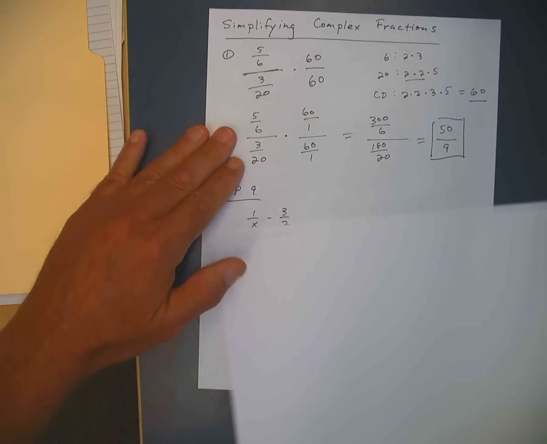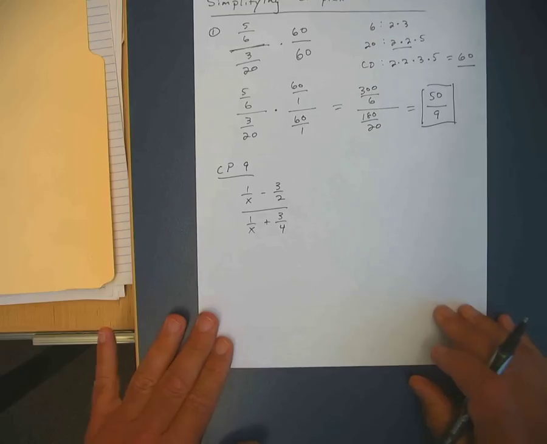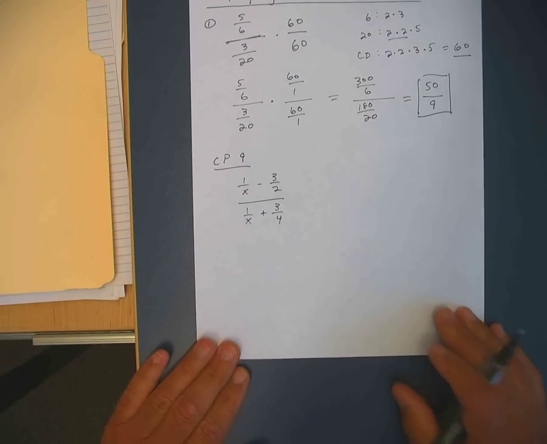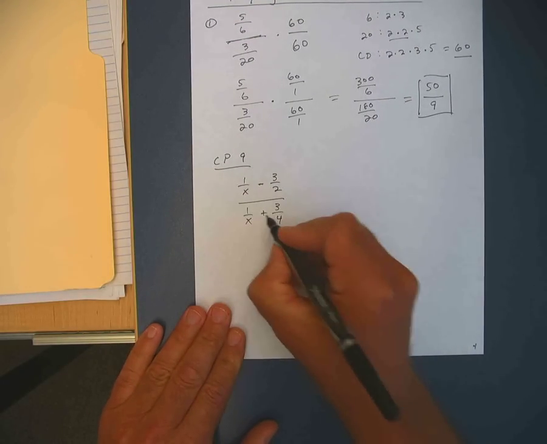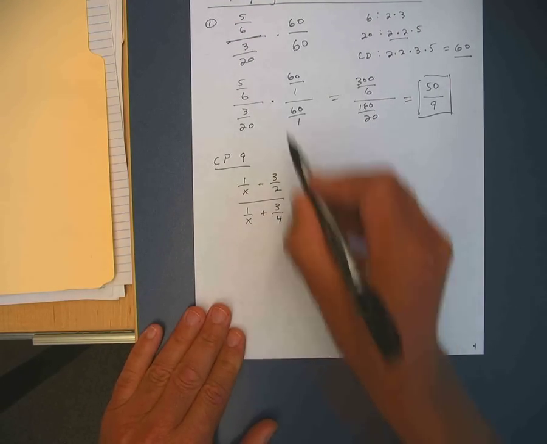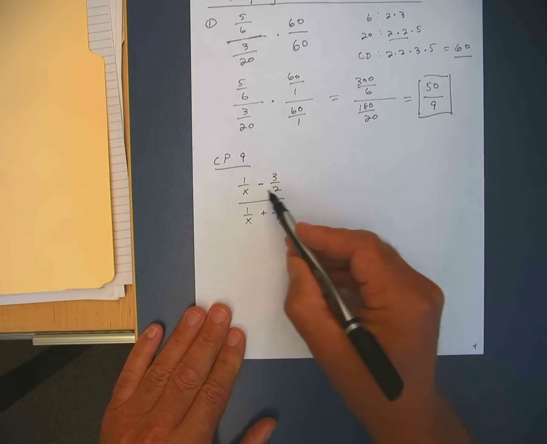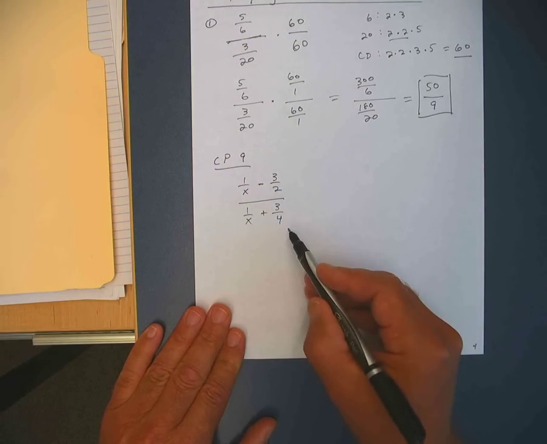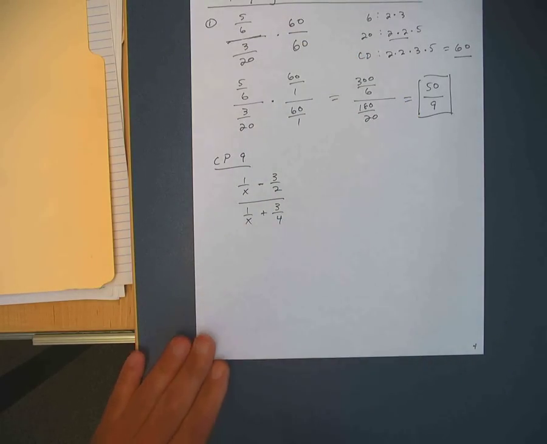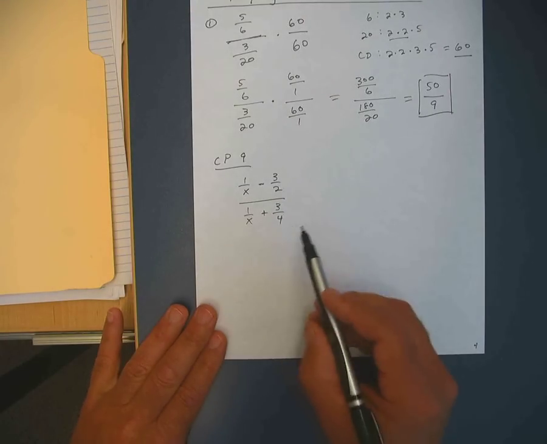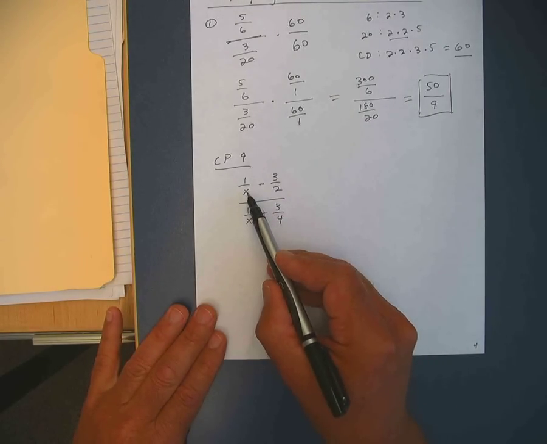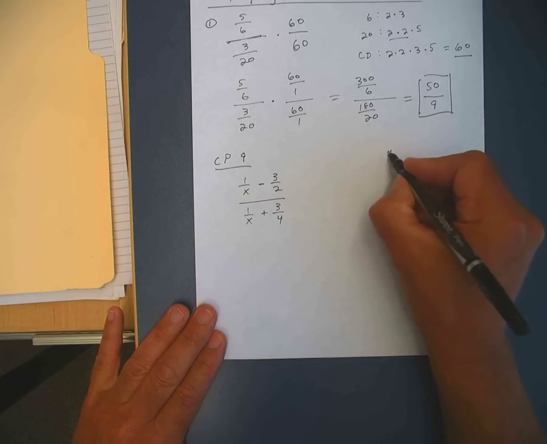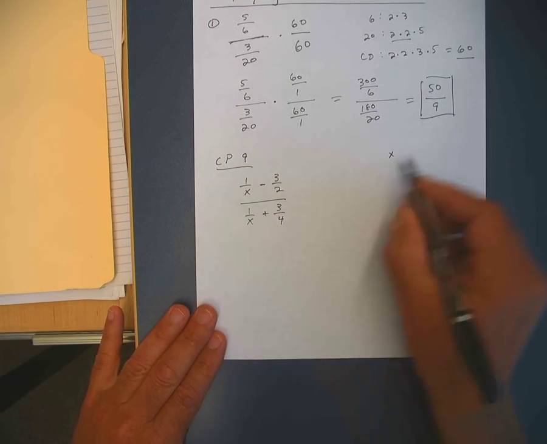Let's do the same thing with the algebraic expressions. This is even a little more involved because it's got the minus here, plus down here, so it's not a simple fraction in the numerator and denominator. We're actually subtracting 2 fractions and adding 2 down here. But the method is the same. Look at the denominator of every fraction involved. The denominator of this fraction is x. The denominator of that one is 2.